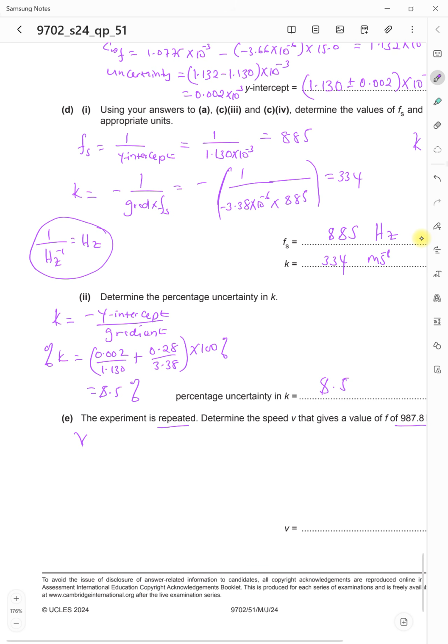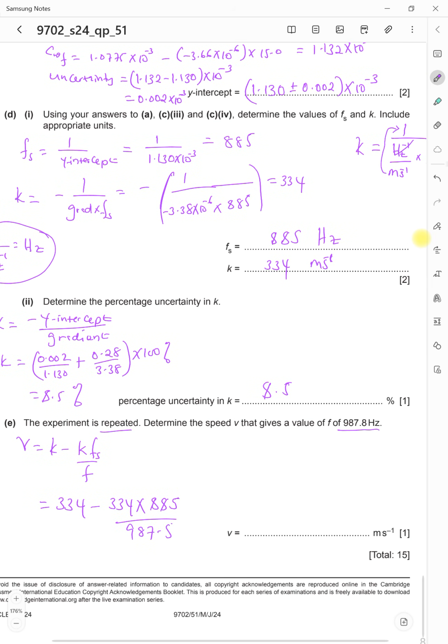Okay, so v equals k minus kfs divided by f. So I'm substituting. k is 334 minus 334 times fs, which is 885, divided by 987.8.